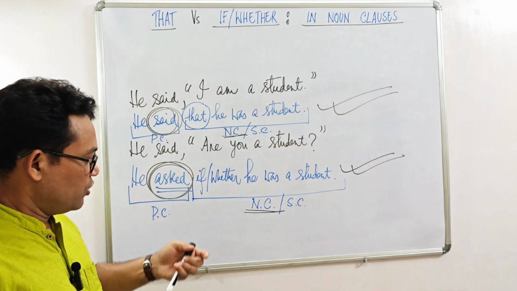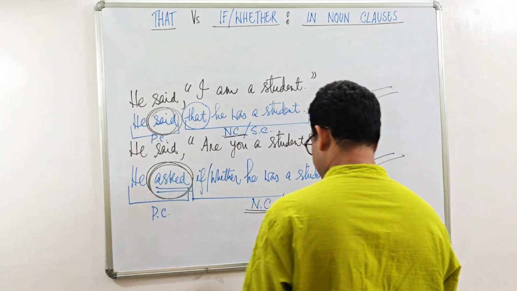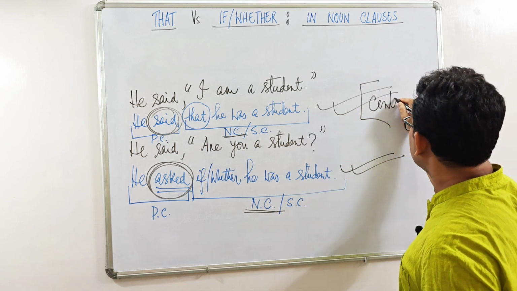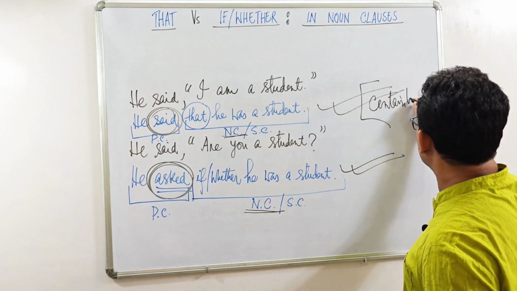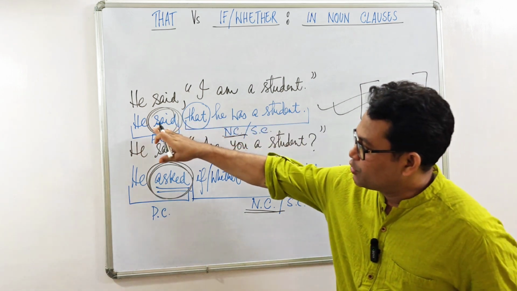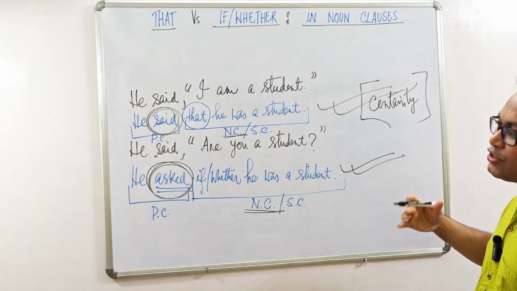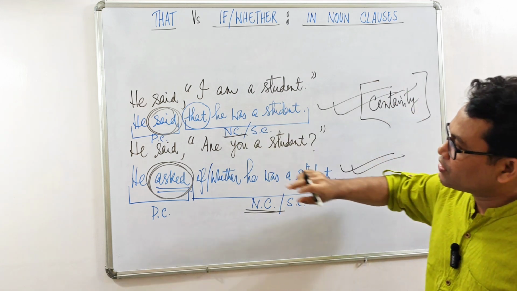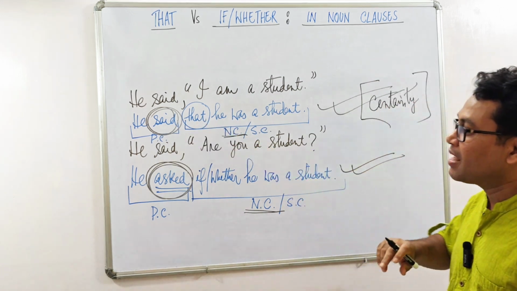That's the rule. So in other words, if there is certainty in the speaker about the fact he is going to narrate or explain next through the noun clause, then we have to use that.